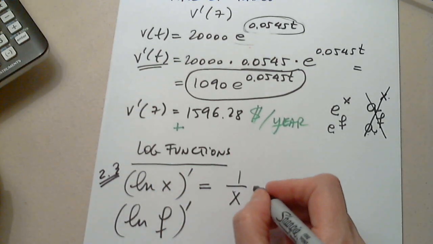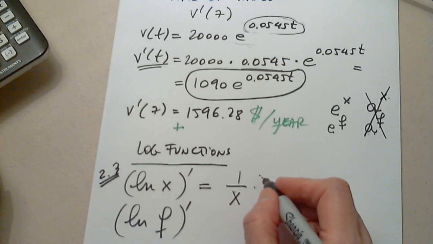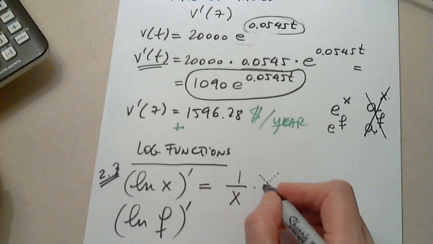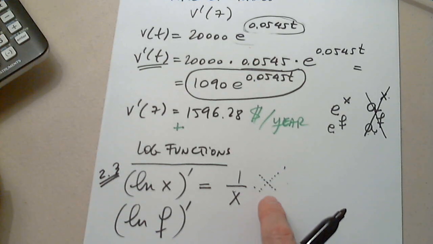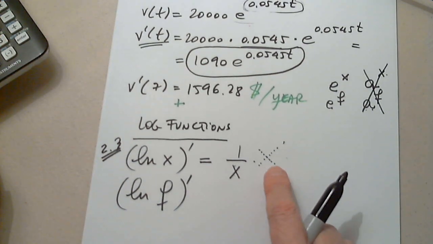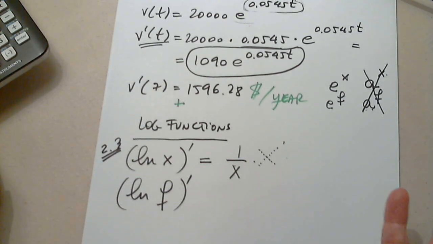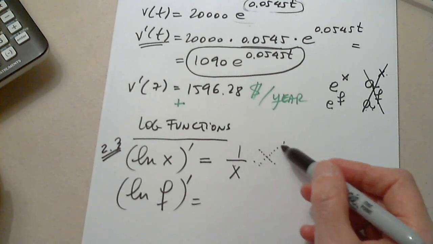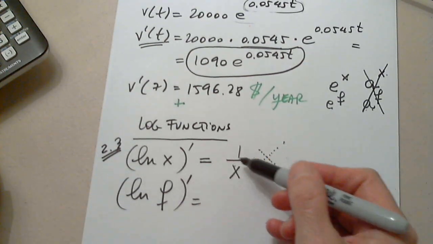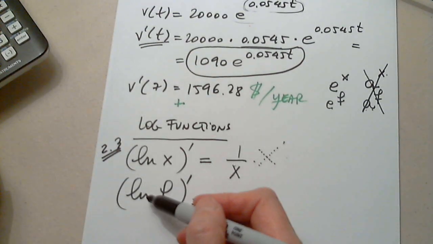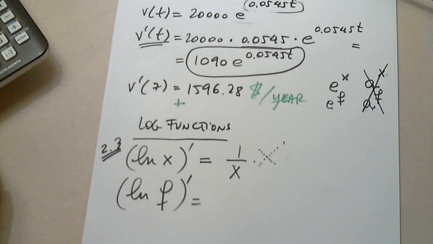To be correct, I should write times the inner function prime. But I don't. Why don't I? It's 1, it's redundant. Excellent. Can anyone mimic this for natural log of a function?